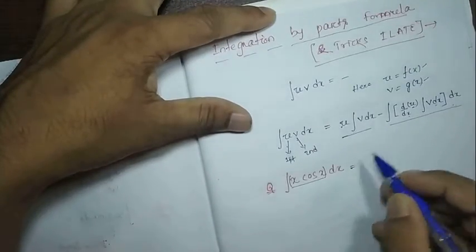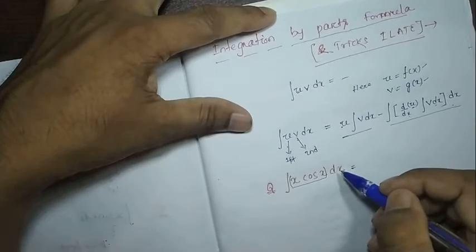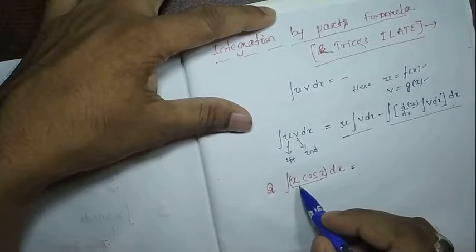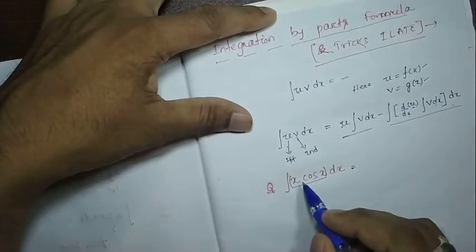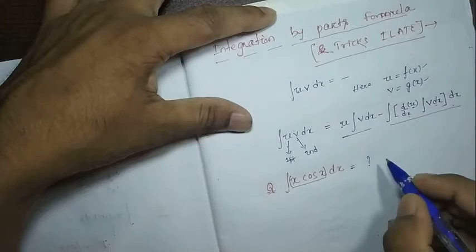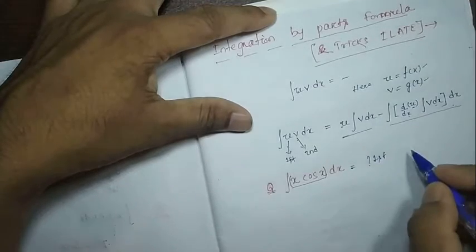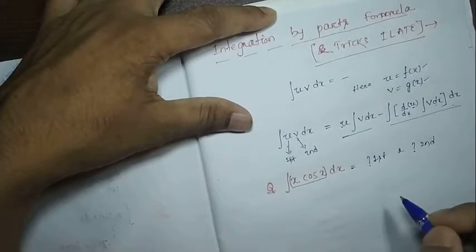If we are going to write the formula first, then one confusion arises: among x or cos x, which one is the first function and which one is the second function that we have to consider?